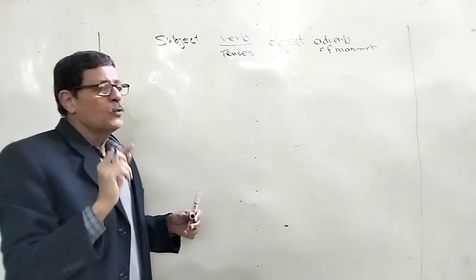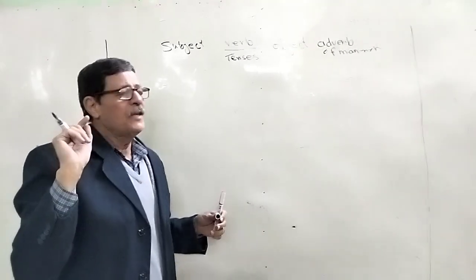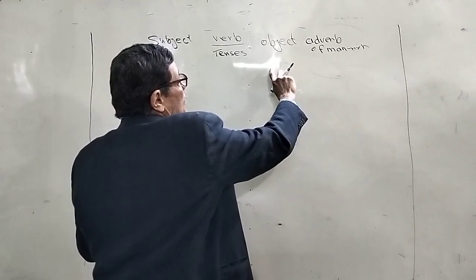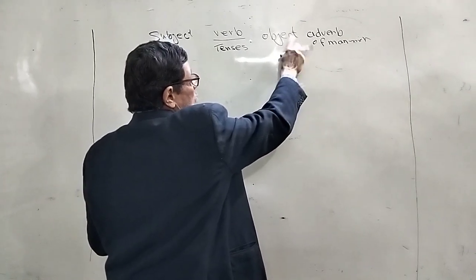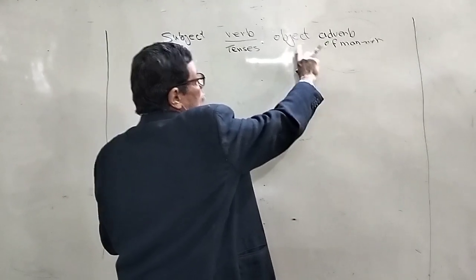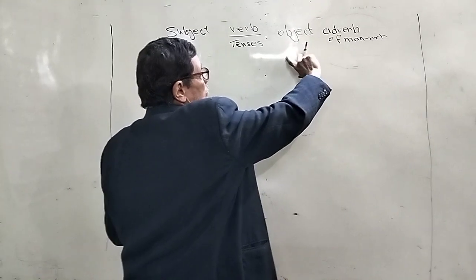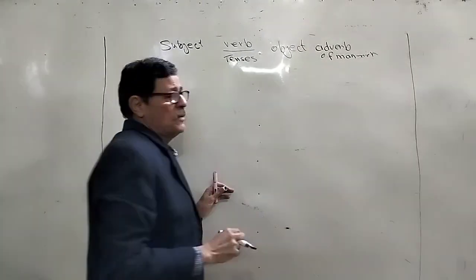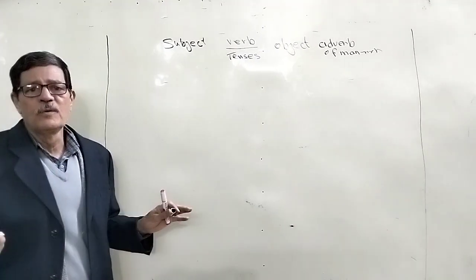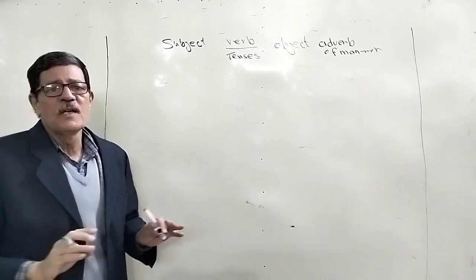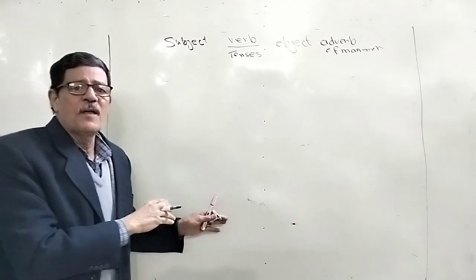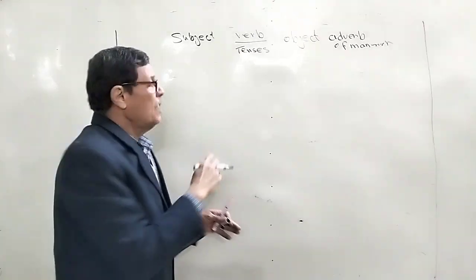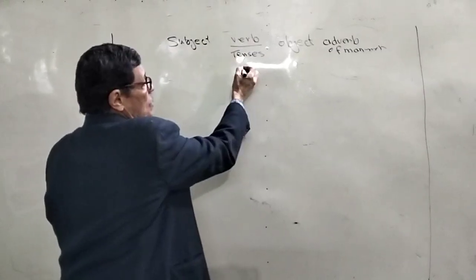Can we put a tense after the object? Can we use present simple, past simple, continuous, perfect continuous after the object? The answer, no. We can't use any tense after the object, but the tense comes after the subject.